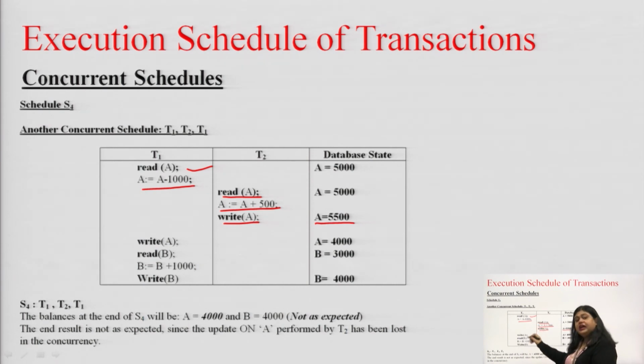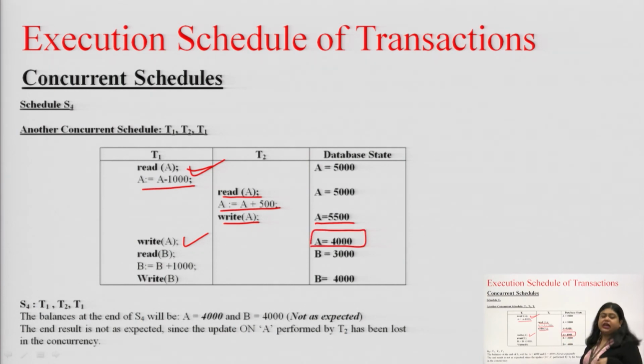but T1 has read its own value at the starting of the transaction. So, now what is happening, the value of A for T1 is still 4,000 rupees, because it has read the value of A as 5,000 and it has deducted 1,000 rupees from it. After that, it writes the value of A back into the database. So, now A is being written as 4,000 rupees by the T1 transaction.